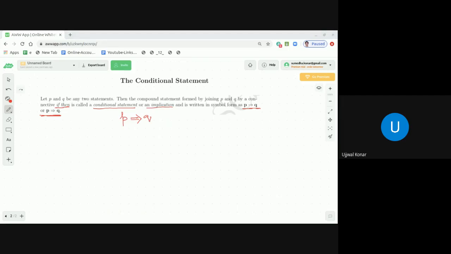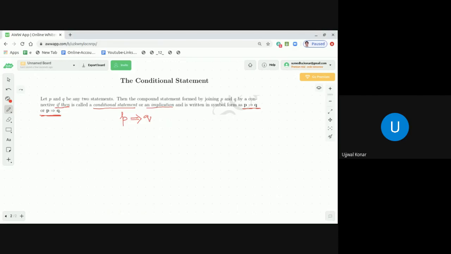Now, one thing to be noted: in the conditional statement, P implying Q or P arrow Q, P is known as the hypothesis or antecedent, and Q is known as the conclusion or consequent.